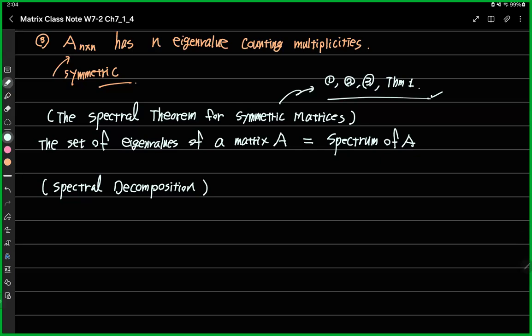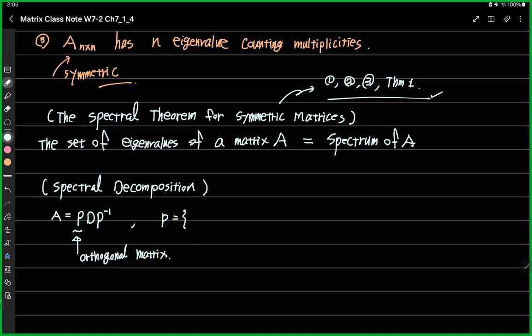Okay. So suppose that A can be decomposed as PDP inverse. Definitely P is an orthogonal matrix. I believe you can deconstruct the orthogonal matrix P. So here P is the orthonormal eigenvectors.